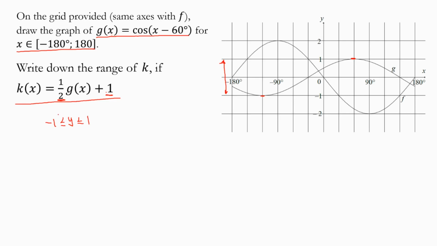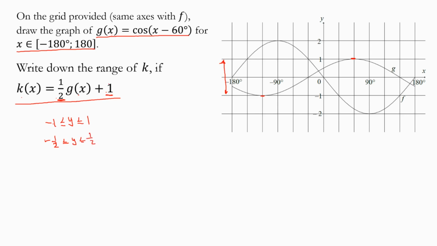And then the half here is going to affect the range. So we're going to multiply -1 by half and 1 by half, meaning that the range for k of x, half of g of x, is going to be half times -1, which is -half, and then half times 1 is half.